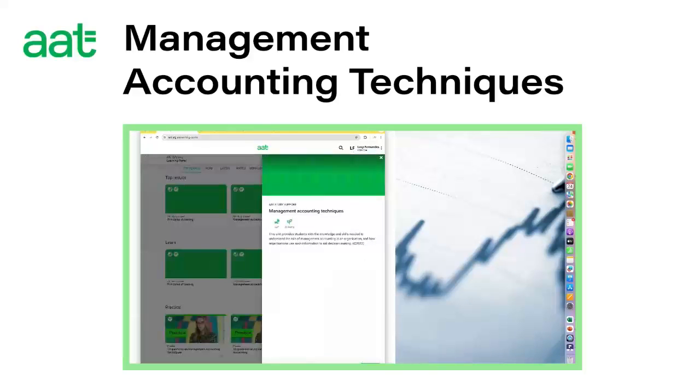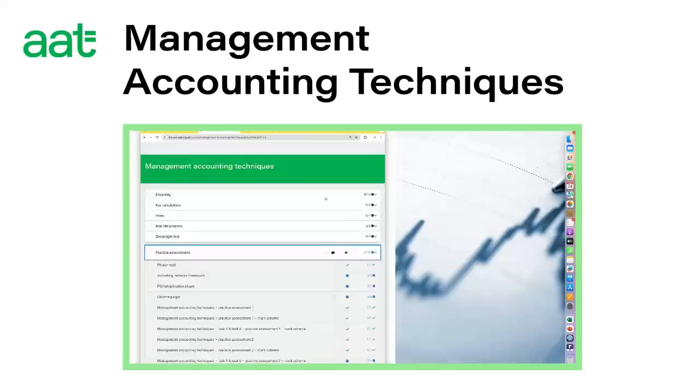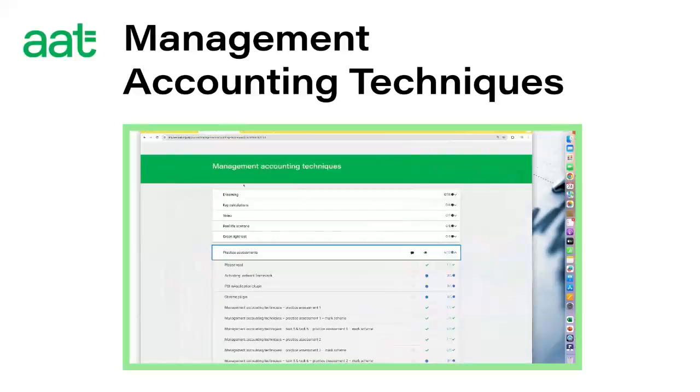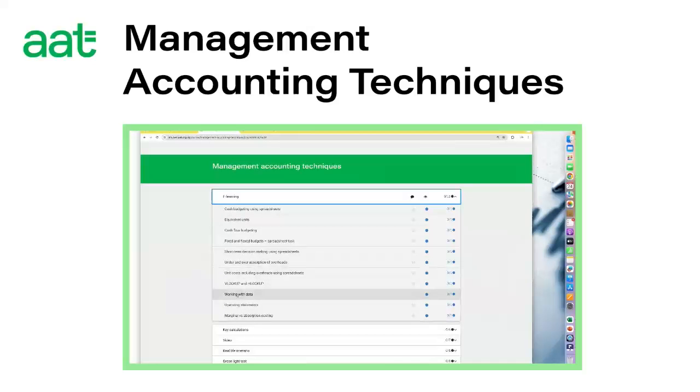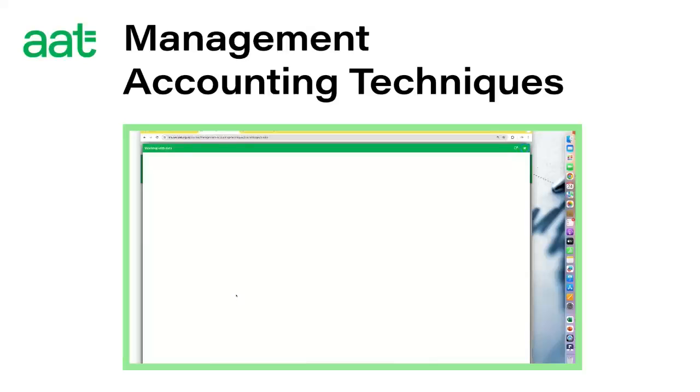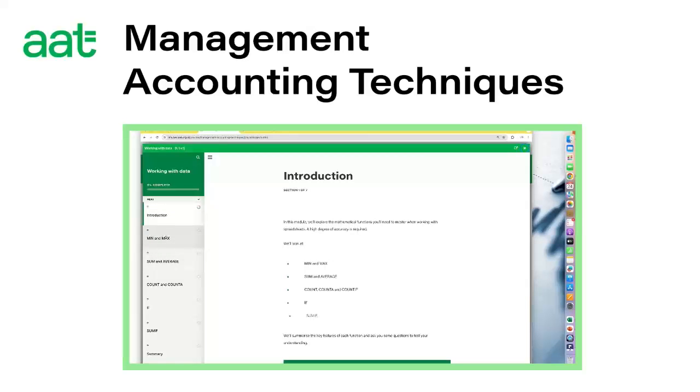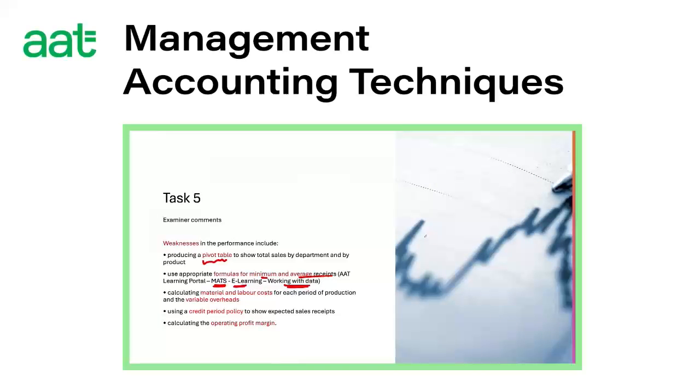So if you launch that management accounting techniques and you go to e-learning, within that, there's a lot of e-learning there. But if you look at working with data, it gives you information as to how to go about doing those formulas that are really important, as the examiner has said. So please use that resource which is available on AAT's learning portal.